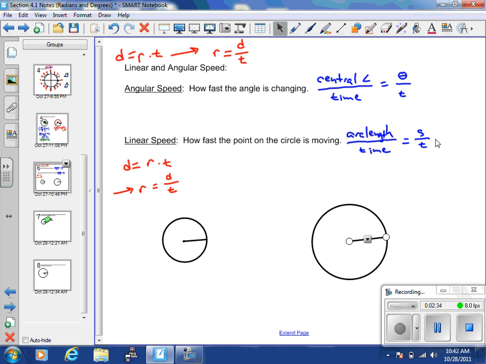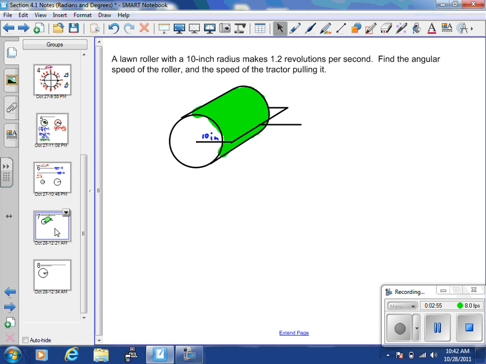Divided by how long it takes for it to cover that distance, the time. If I divide these two, I will have the linear speed of the particle on the circle as it moves around. Angular speed is similar, only instead of talking about arc length divided by time, I'm doing the central angle divided by time. So these are two types of speed that we're going to actually go ahead and calculate.